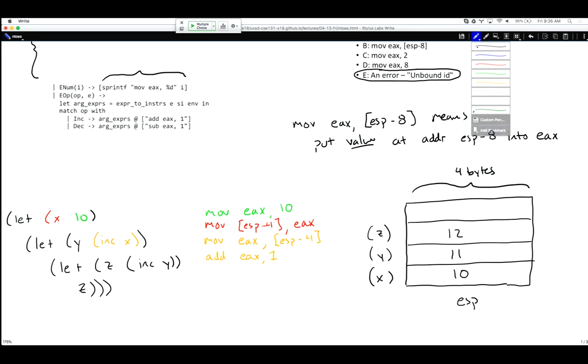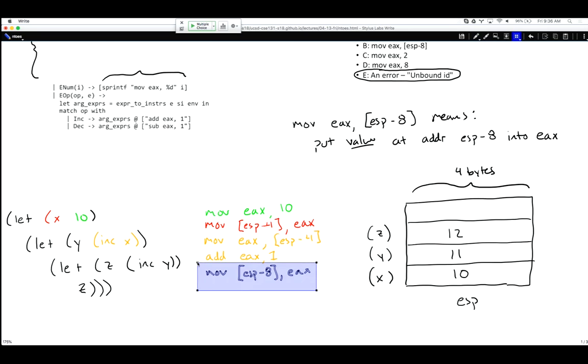And then the instruction after that is another move, into ESP minus 8, moving that incremented value into ESP minus 8. That corresponds to setting this whole thing equal to y.